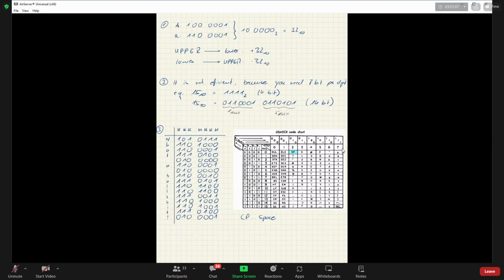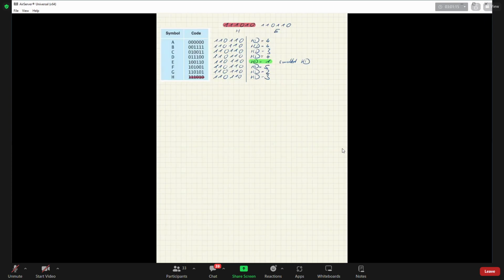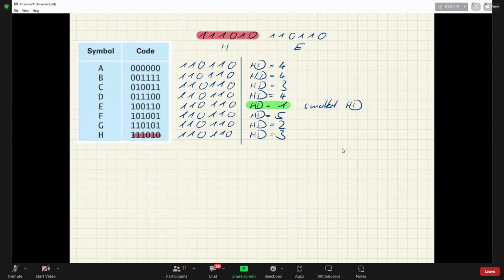Professor, one more thing. This last one you just solved, can you make a brief rundown again, please? So what we are doing, we are receiving bit patterns and we are comparing that with our decoding table. And now we are seeing here in our decoding table, we are not finding this bit pattern here.